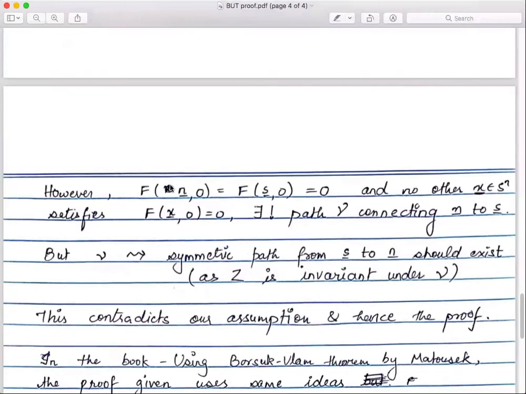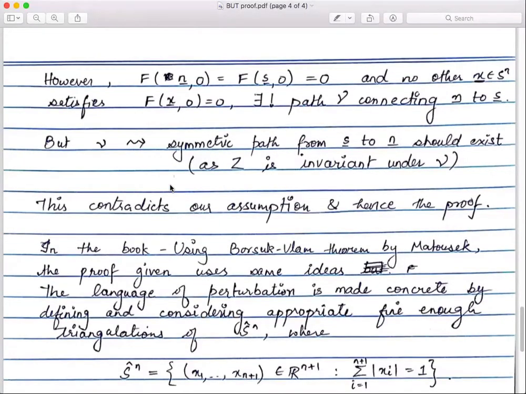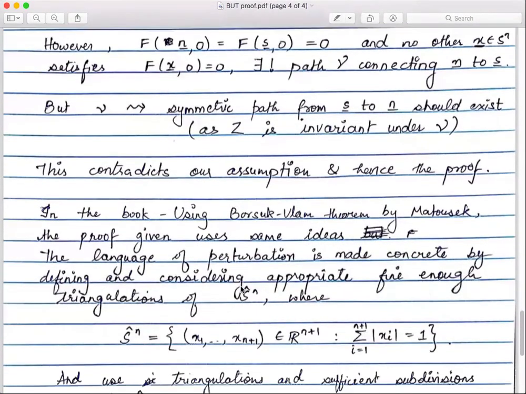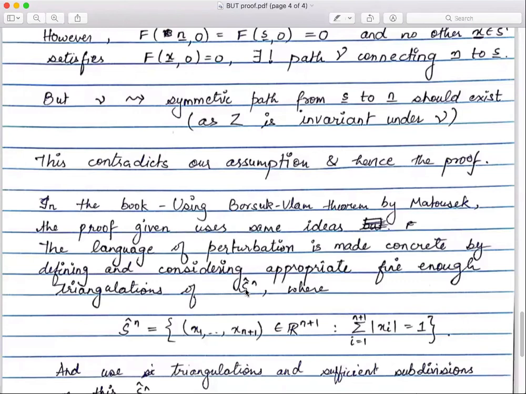To do that, what is done is you start with a homeomorphic n-dimensional sphere, which you define via the L1 norm. To recall, the L1 norm of any n-tuple, or here n plus 1 tuple, takes the summation of their modulus values.